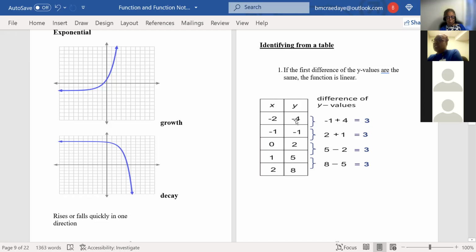And -1 minus a -4 is -1 plus 4 is 3. So all these differences are the same. That means this table represents a linear function.